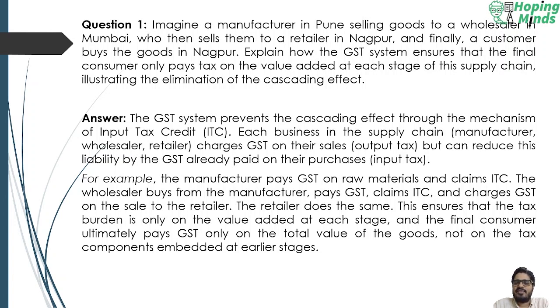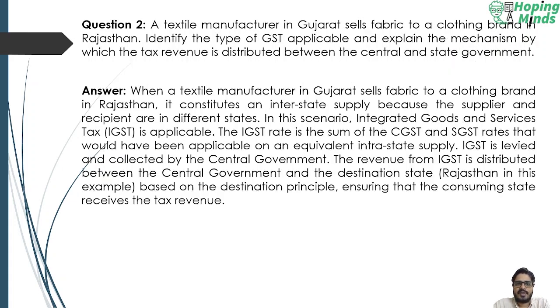So suppose the GST charge comes to rupees 40 from the retailer, then the wholesaler will ultimately pay rupees 40 minus the amount that he has already paid at the time of purchase, that is rupees 20 in this case, and hence he will have to pay rupees 20 in cash only. So let us proceed to the next question now.